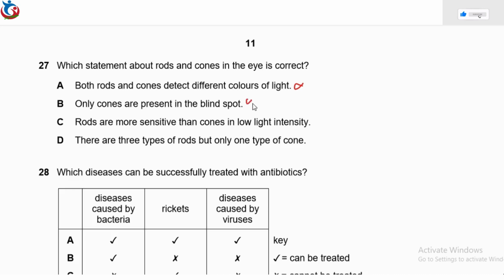No. Rods are more sensitive than cones in low light intensity. Yes. Then D, there are different types of rods, but only one type of cones. This statement is wrong. So the correct answer here is option C. Rods are actually more sensitive than cones in low light intensity.